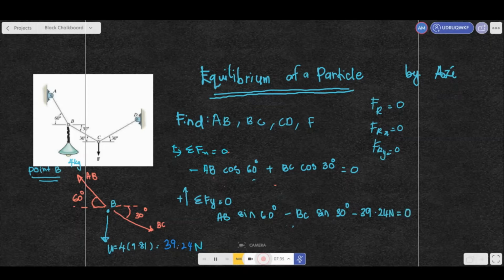So we solve these equations using simultaneous equations to get the magnitudes of AB and also BC.